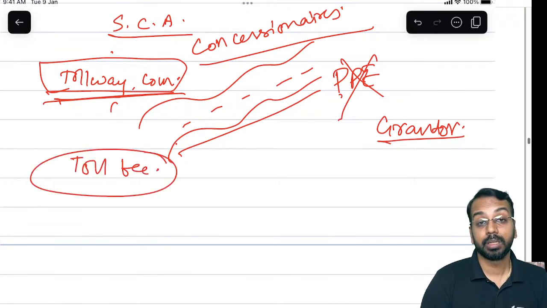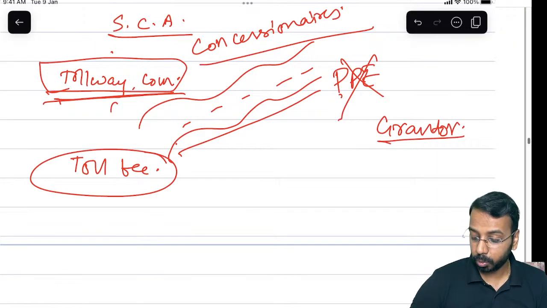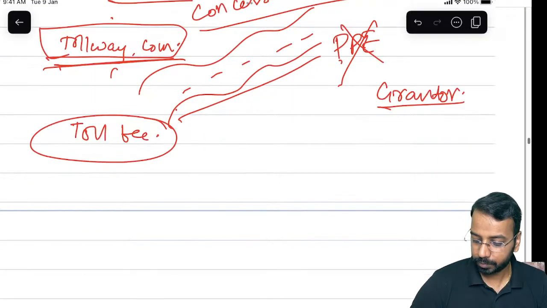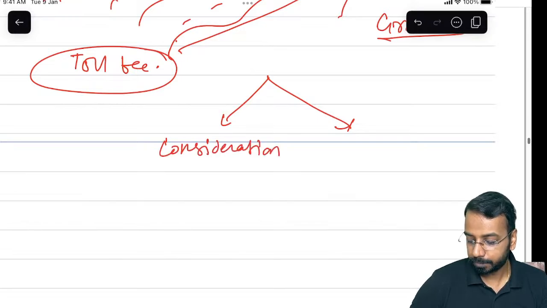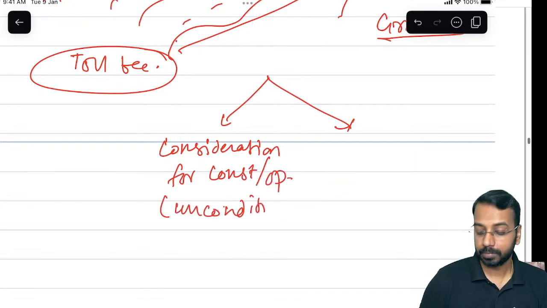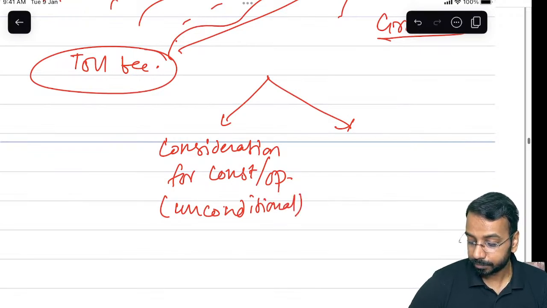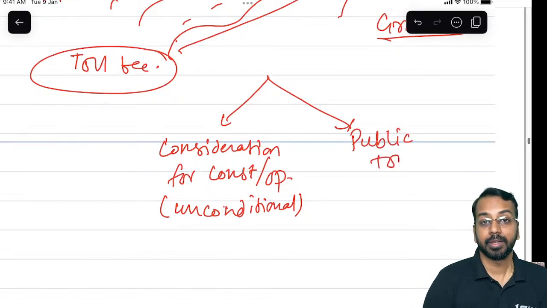Now, the tollway company may get two types of payment. One is a consideration for construction or operation, and this is an unconditional right. The other one is the public toll fee. So there are two things.